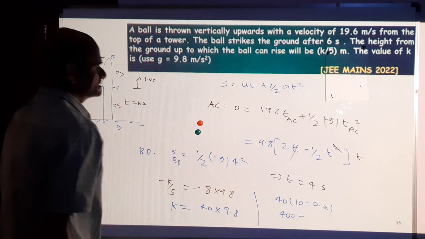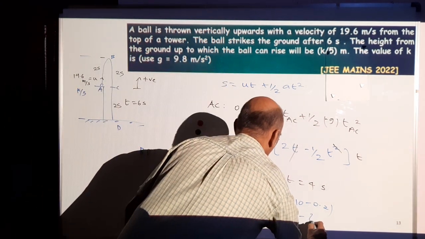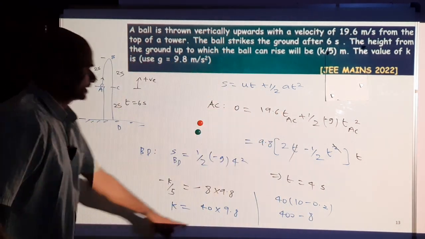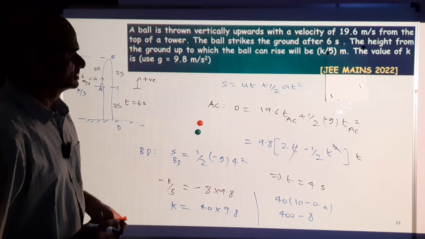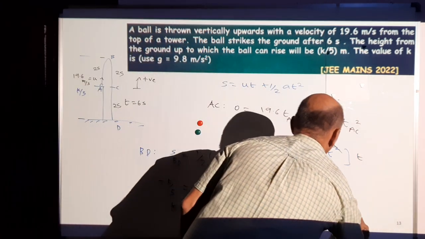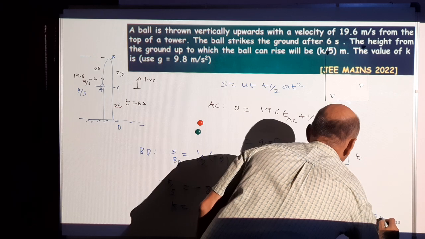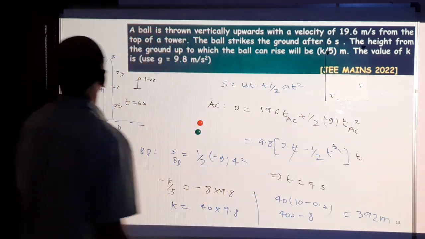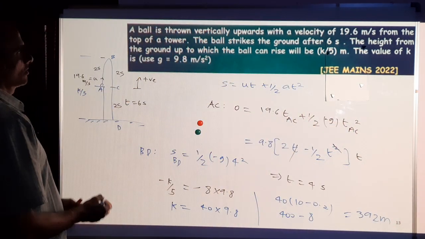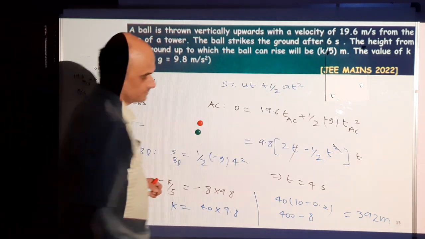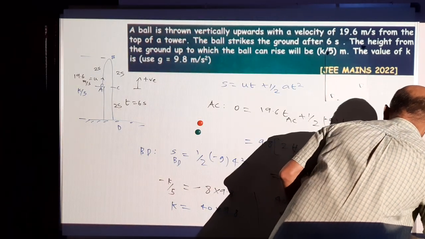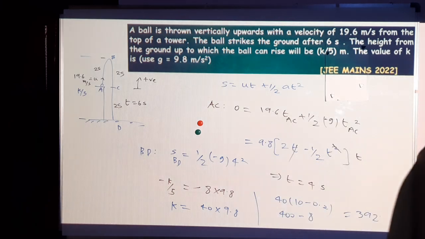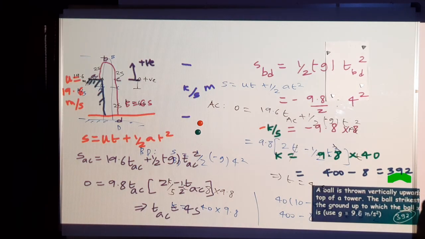So 400 minus 8, that is 392. SI units, okay, the unit they have put there itself. So k is just a number, which is 392. That is the correct answer.